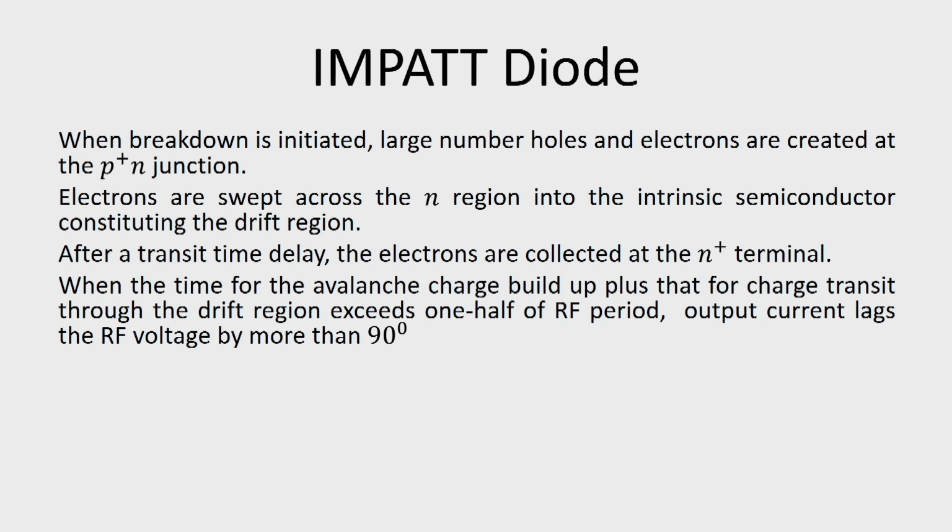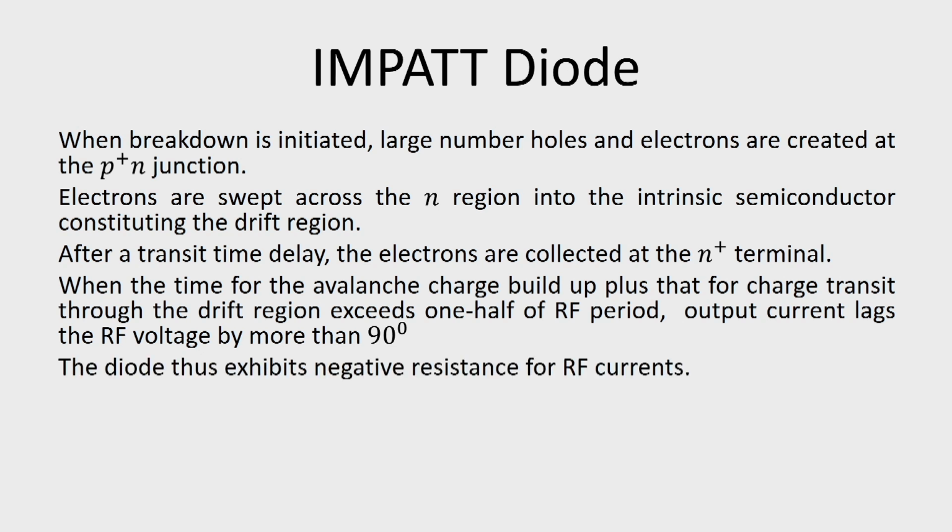When the time for the avalanche charge build up, the avalanche process being an exponential growth, plus that for the charge transit through the drift region, exceeds 1/2 of the RF period, the output current lags the RF voltage by more than 90 degrees, and the diode thus exhibits negative resistance for RF currents.